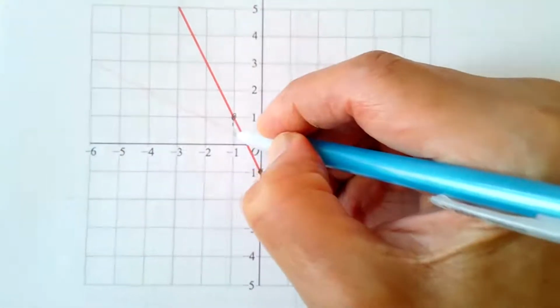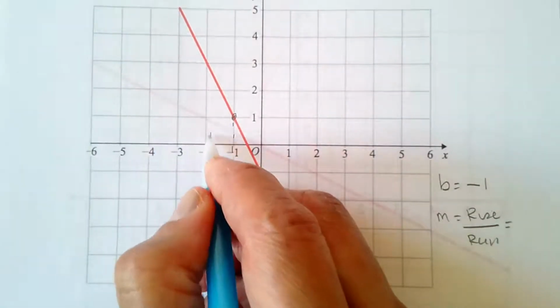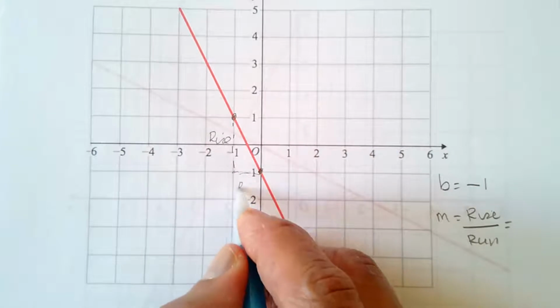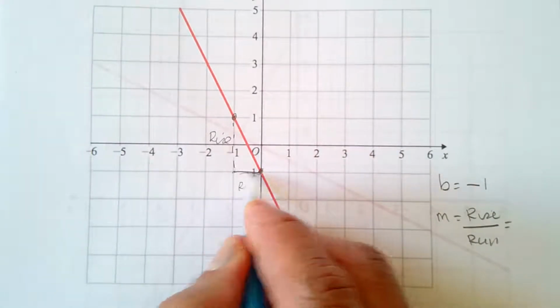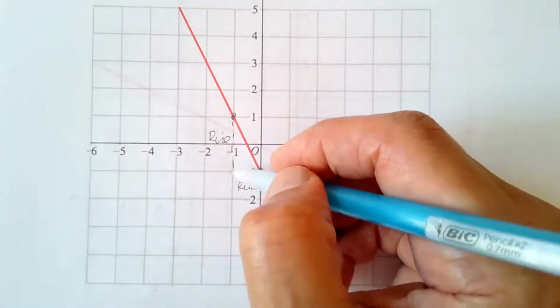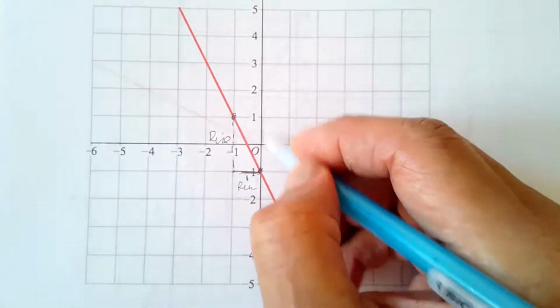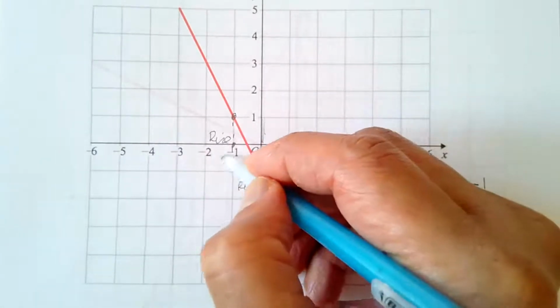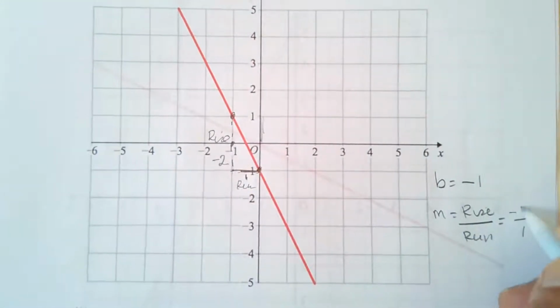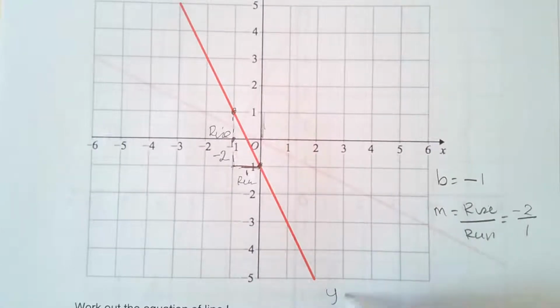Then I'm going to construct my rise, and this is my run. Your run here is 1. Write it down as 1. My rise is actually going down here. Going down 1. Look at my scale here: 1, 2. -2. So -2 over 1. So this equation has a negative slope: -2x minus 1.